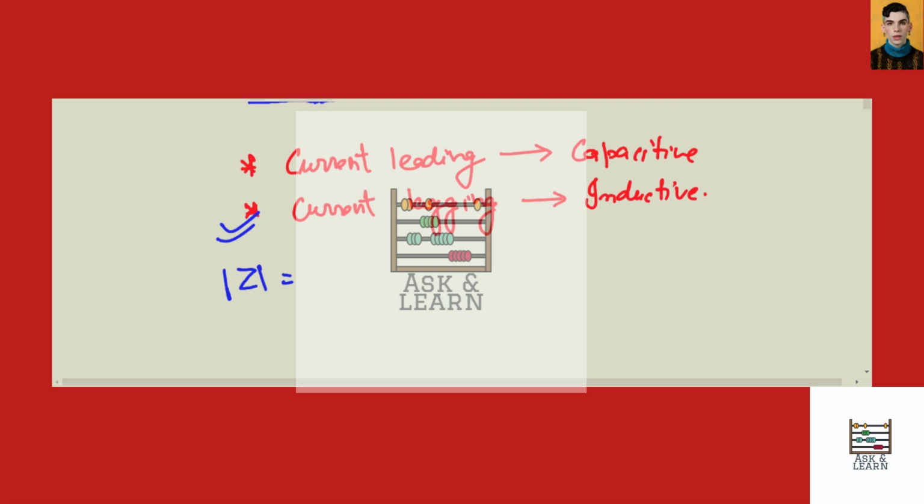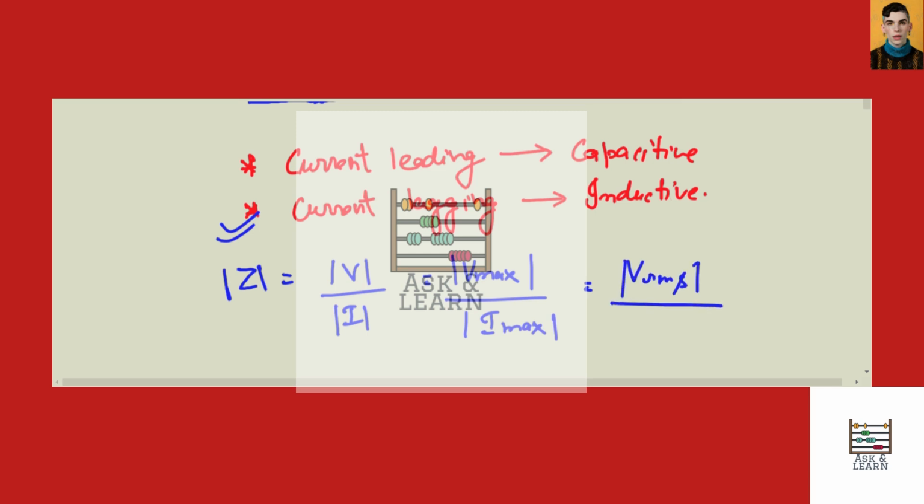So the magnitude of Z is the magnitude of voltage by the magnitude of current, or the magnitude of maximum voltage by the magnitude of maximum current, or the magnitude of Vrms by the magnitude of Irms, right?